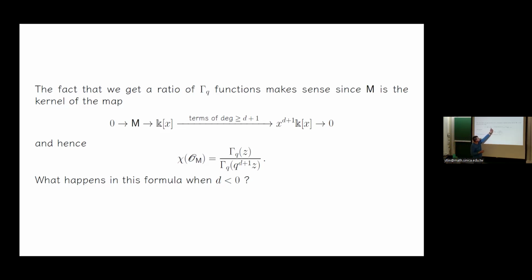We took some polar terms here, something like that, and so we derived this formula. But in this formula, d is supposed to be, we think of this as a positive number. But in fact, this formula makes sense also when d is negative.